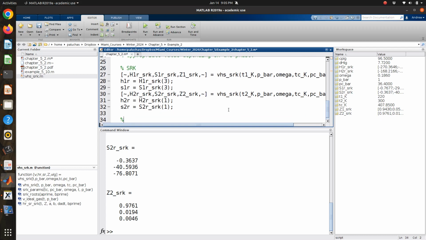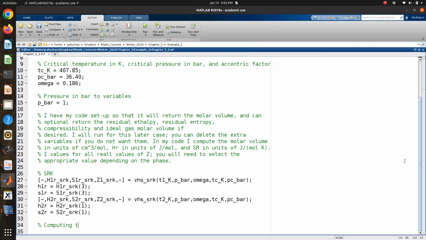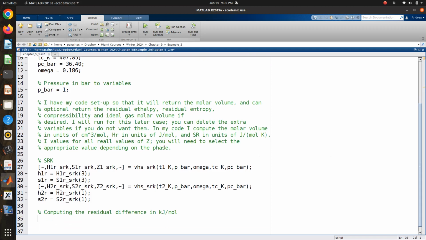So now computing, and I can make this full screen again. Now computing the residual difference, and I'm going to do this in kilojoules per mole. Remember from the comments here, H2R and H1R are in joules per mole, and I calculated the ideal gas difference in kilojoules per mole, so we'll keep this the same.